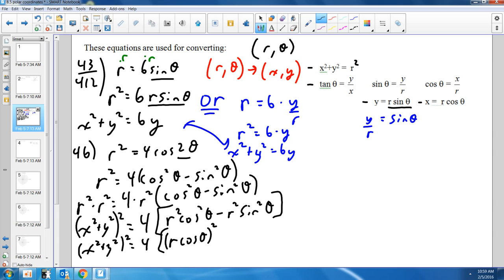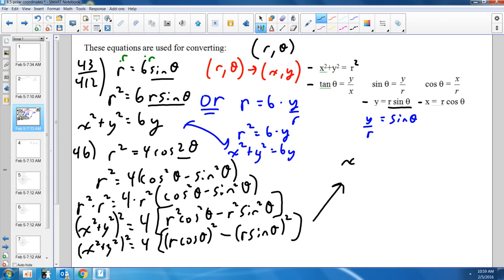The reason why I did this is because now this is exactly the way it is over here, and it has to be exact to substitute in. Same thing here, r sine theta quantity squared, because now it's exactly the way it is over here and I can substitute in. So at this point, we're ready to pretty much be done.